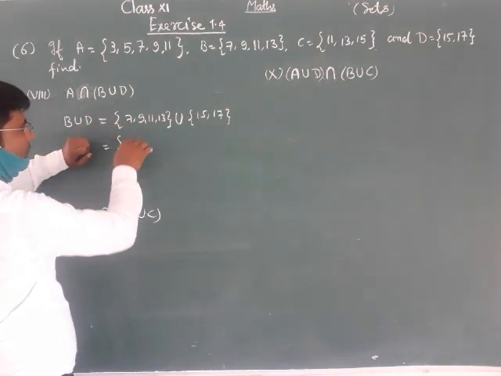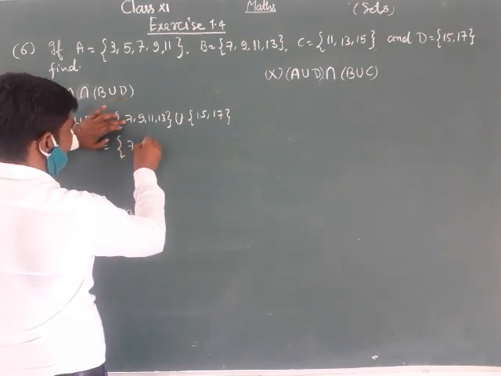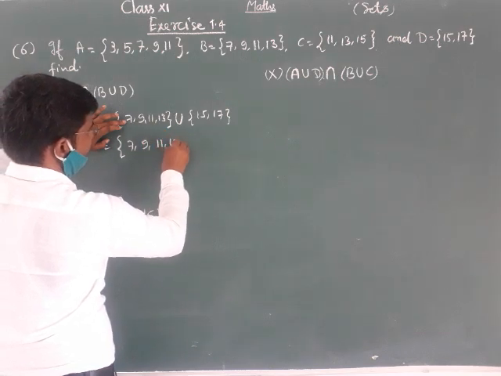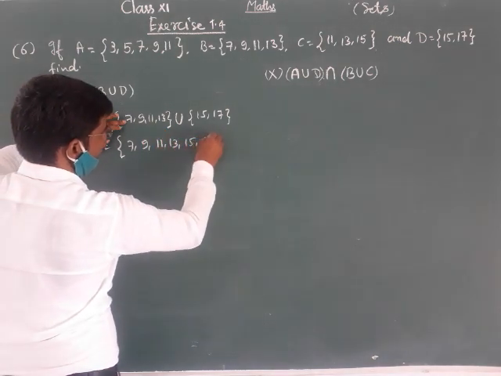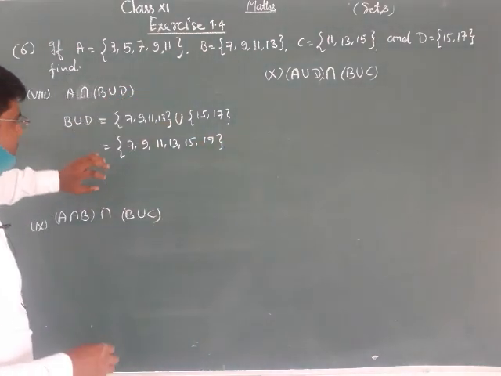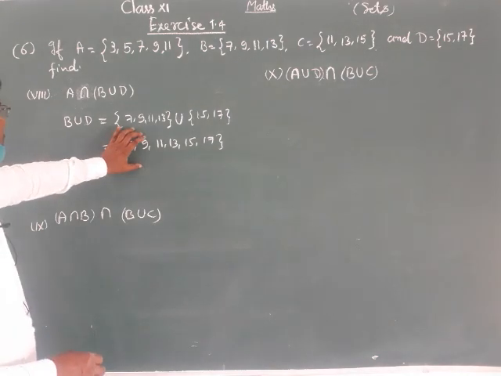So B union D means 7, 9, 11, 13, 15 and 17. All elements are written in the set, and a common element is written only one time.